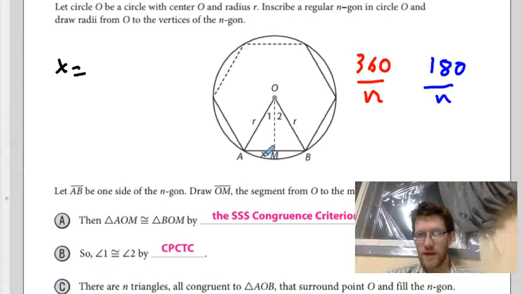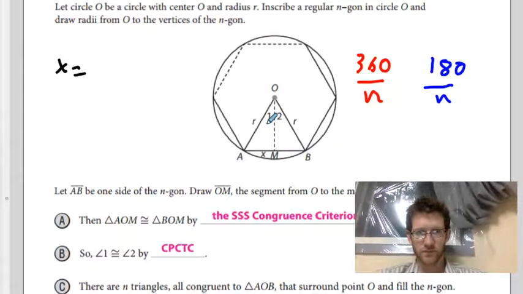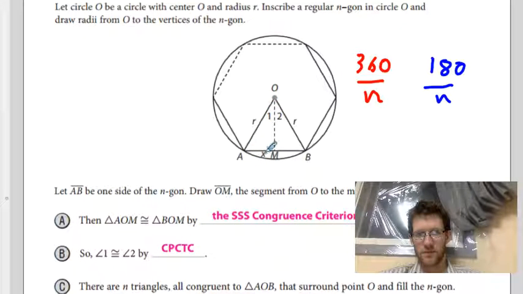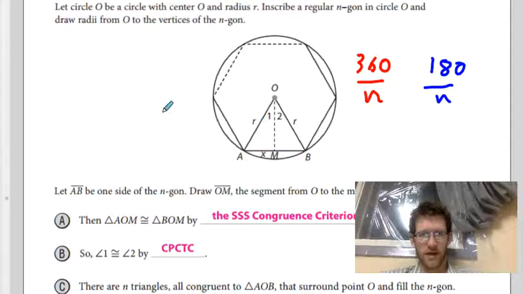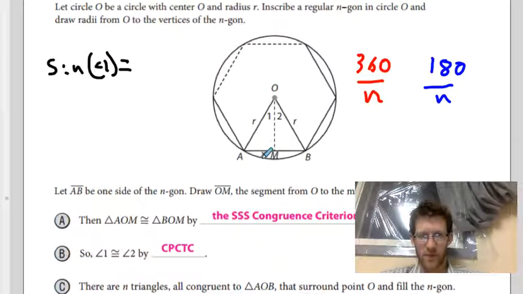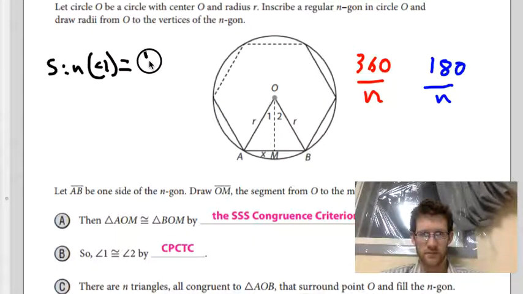We can actually do that using some right triangle trigonometry. I'll back up here for a second. If we know what angle 1 is, and we know what the radius is, what would be our expression for x? Well, angle 1 is this angle here. This is the hypotenuse. This would be the opposite side, right? So we need an expression with opposite and hypotenuse. That's sine. So the sine of angle 1 equals opposite over hypotenuse, or x over r.